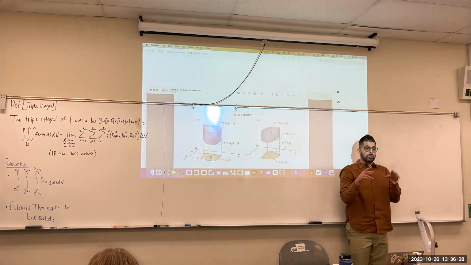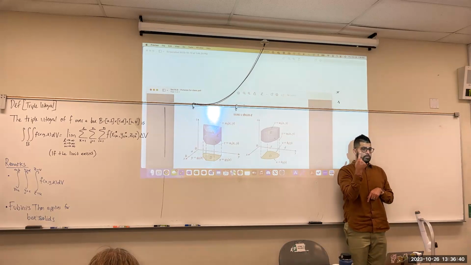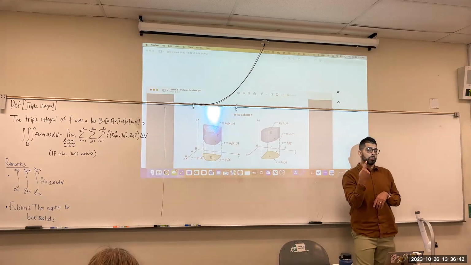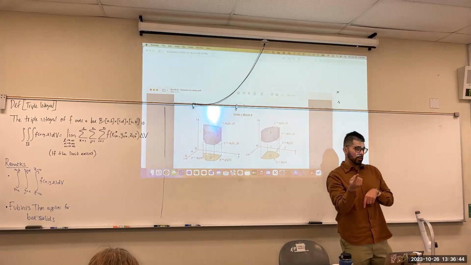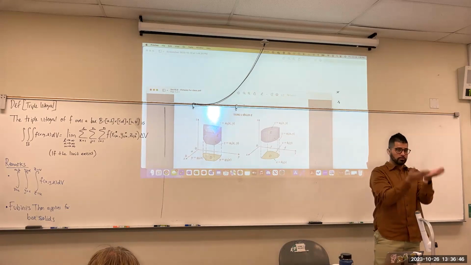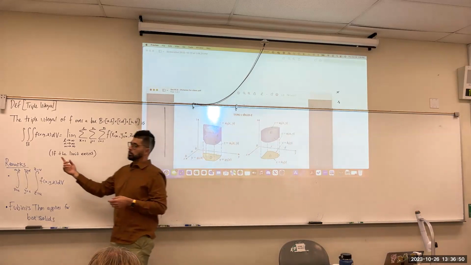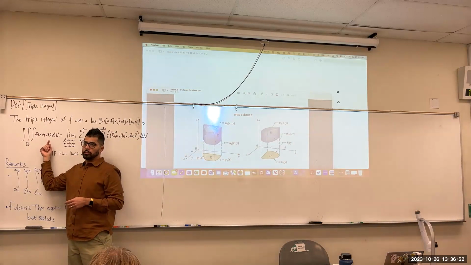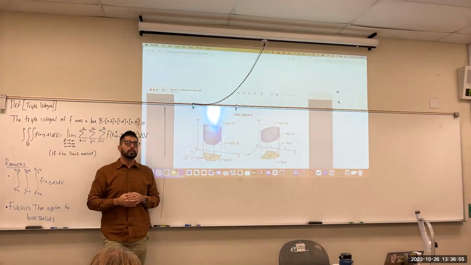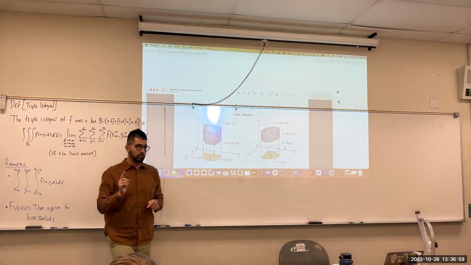You know how a region was of type, there were two types? Why were there two types? Because I can either bound the first coordinate, x, or I can bound the second coordinate, y, by functions. But now how many coordinates do we have to deal with? We have to deal with 3 coordinates. So now there's going to be 3 types of solids. But here's where it gets tricky.